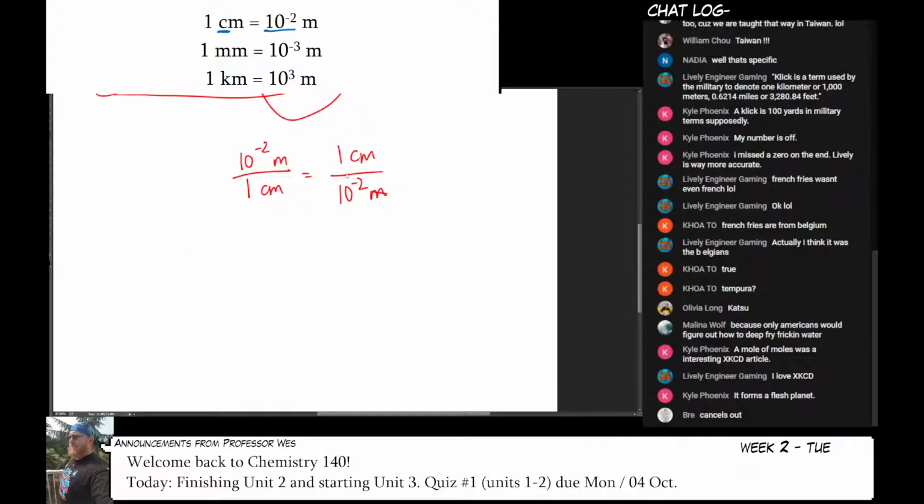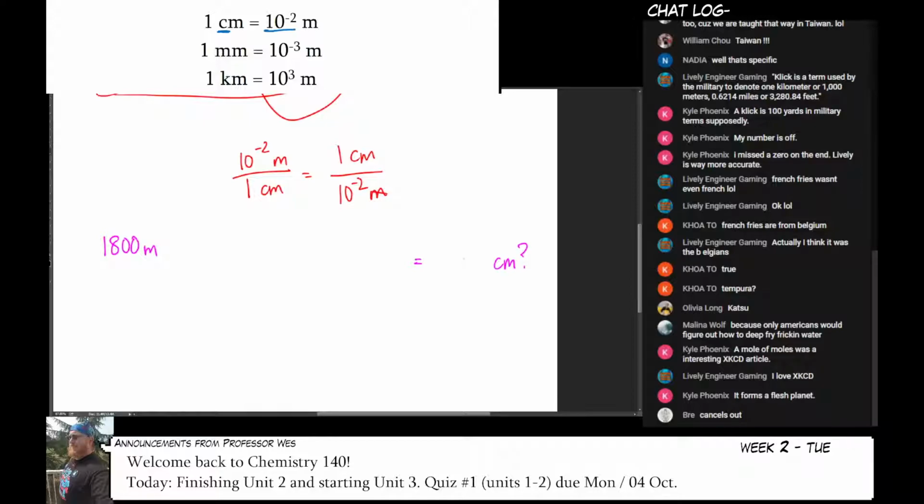For example, let's suppose that I had a distance of me walking to the grocery store. And I knew how many meters it was. And I wanted to figure out how many centimeters that would end up being. So let's suppose that it's 1,800 meters to get to the grocery store. And I want to know how many centimeters that is.